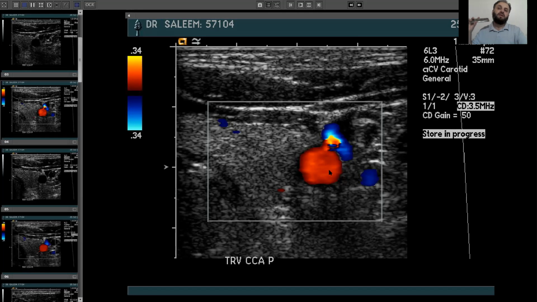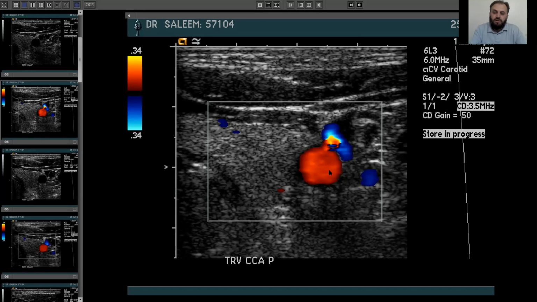It's all physics. If you are at 90 degrees, cosine of 90 is 0, and then the Doppler shift on that area will be less or 0. So we have to be aware of that. Either make your transducer towards, let the sound go towards the flow, or make it away. These two things will fix those false diagnostic images.